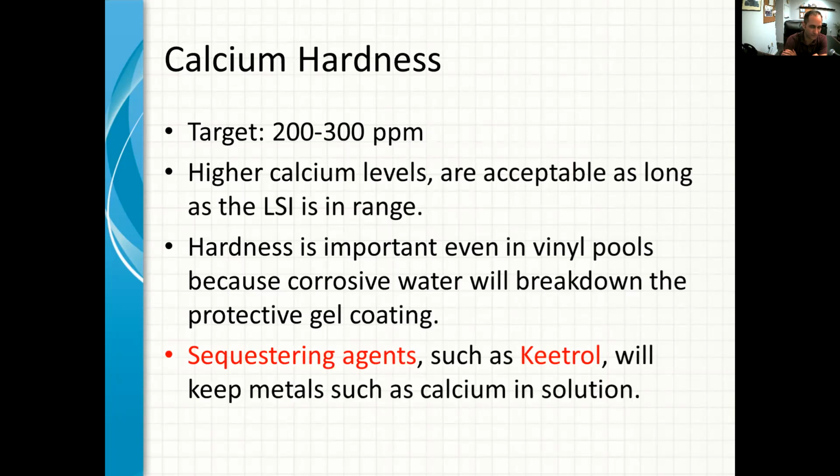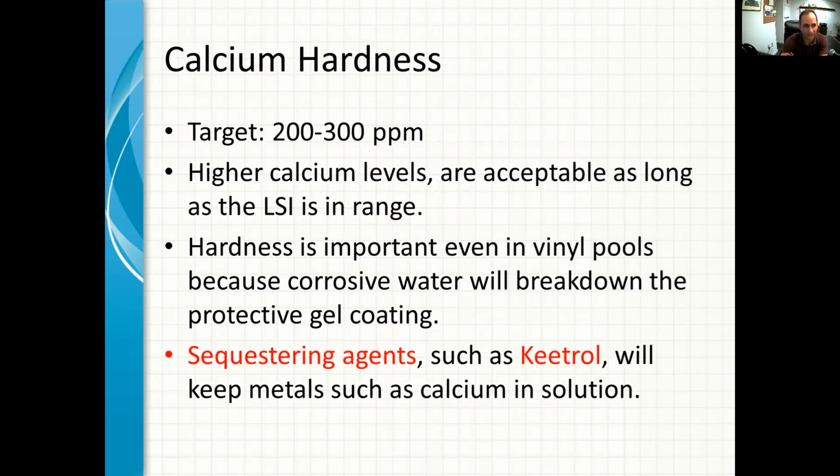But calcium, for whatever reason, is an oddball. Calcium tends to come out of solution in a warmer environment, actually. So it turns to solid in the warmer temperature. The warmer you get, the more solid calcium you end up with, which is why it tends to precipitate on the heating elements of pool heaters.